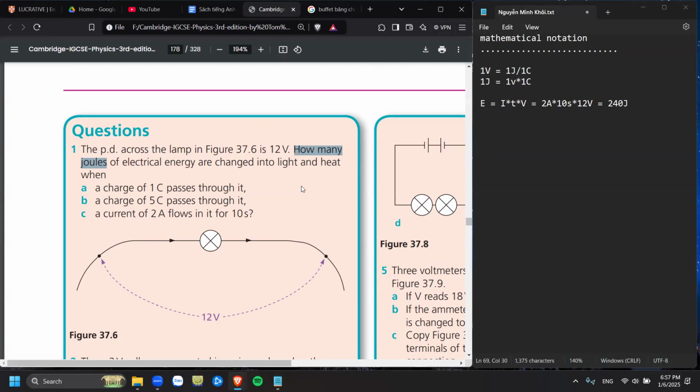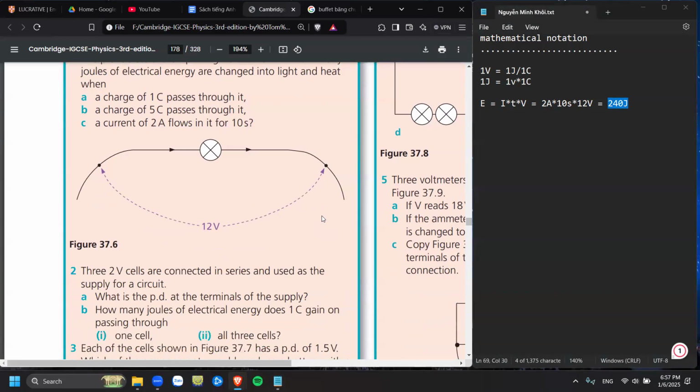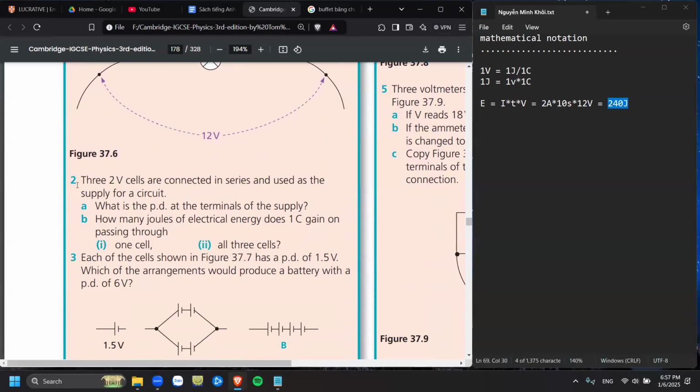So the units of joules, volts, amperes, whatever, are also important. You must be exact with those, okay? Now, you understand what we are doing now? You seem to. Now, let's go to number 2.